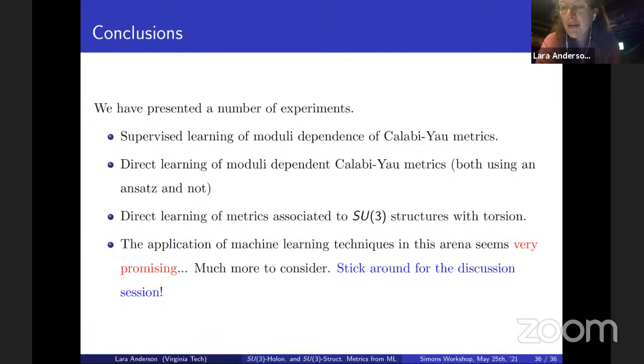I don't know if Sven or Fabian wants to comment on whether one would buy you something in particular. Well, I can say a few things. When you do the numerical integration, it's actually necessary to know the random distribution of points. To generate a set of points, you need to know the measure underlying this distribution. There's a construction due to Shiffman and Zelditch, which tells you, when you take the Fubini-Study metric, how to generate a sample of points that is random with respect to the round measure given by the Fubini-Study metric. Then you take these points and find points on the Calabi-Yau, and this helps you do the numerical integration.